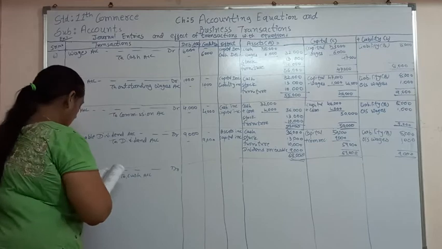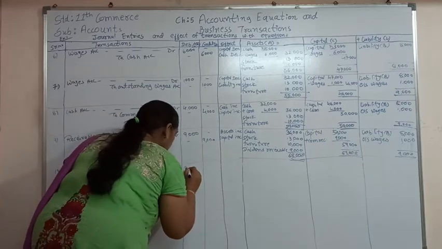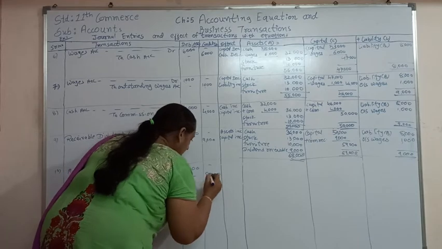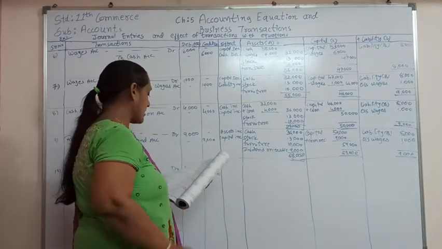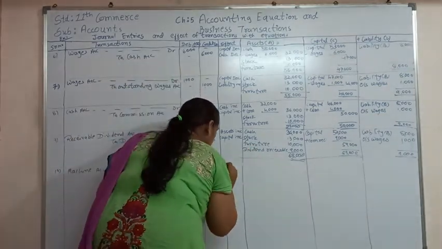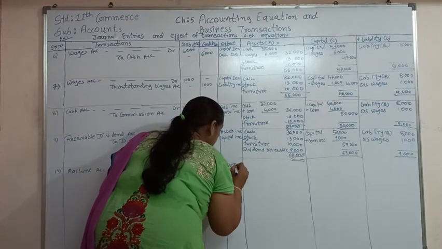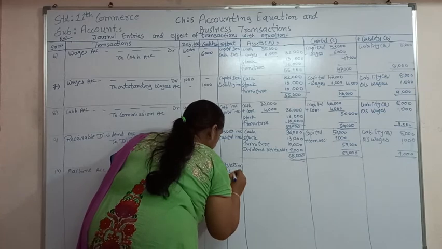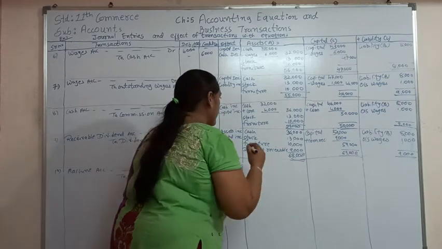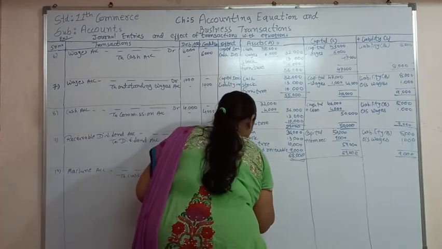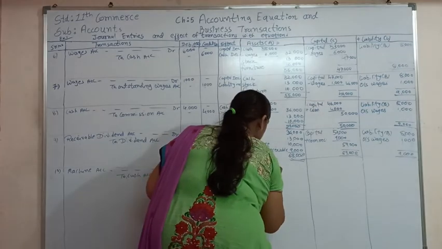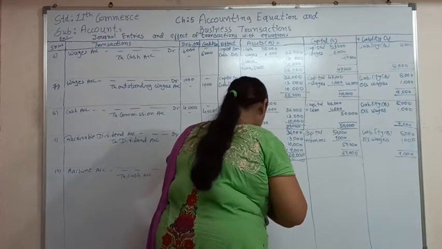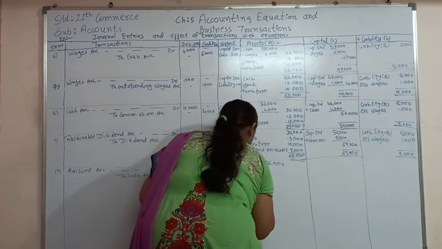And because of this, machine is going to come in the business and cash is going to be going out of the business. So asset is going to be increased and cash is going to be decreased. So here cash account of rupees 36,000, and from that we are going to deduct machine of rupees 8,000.